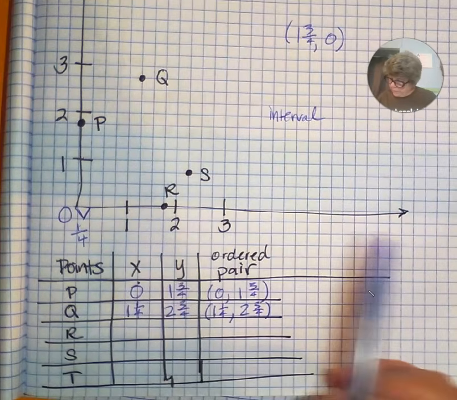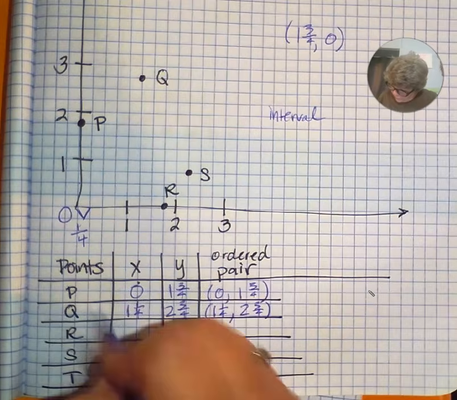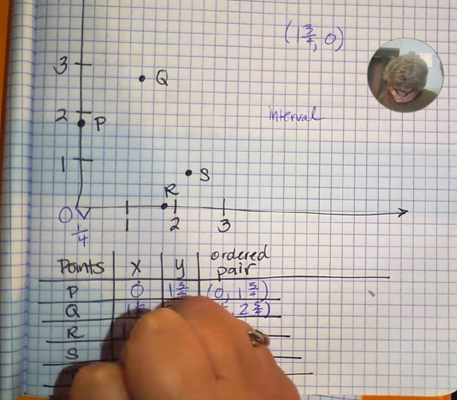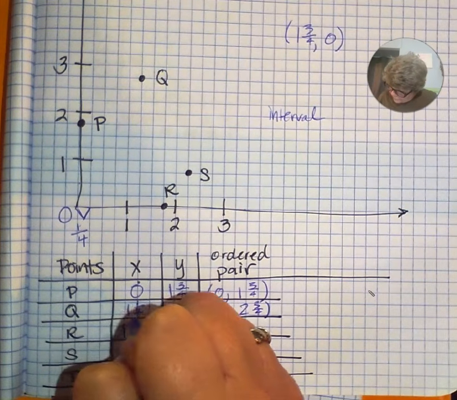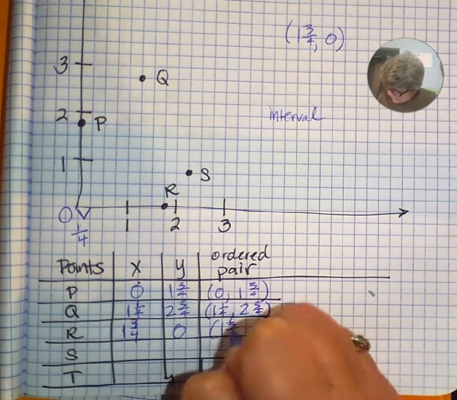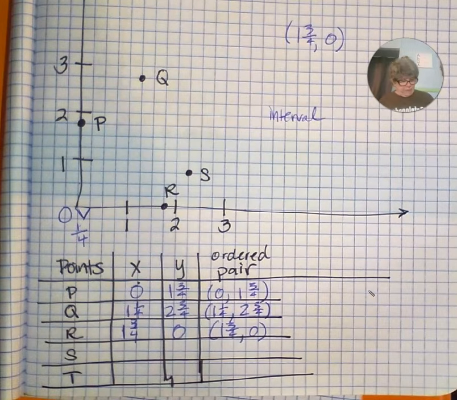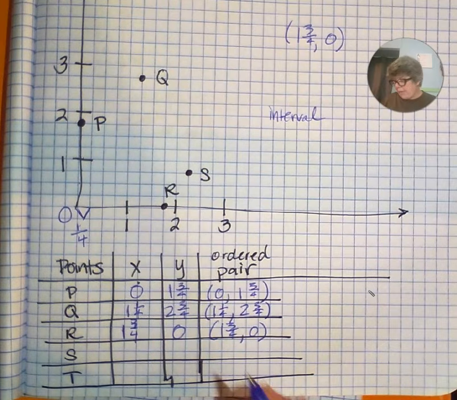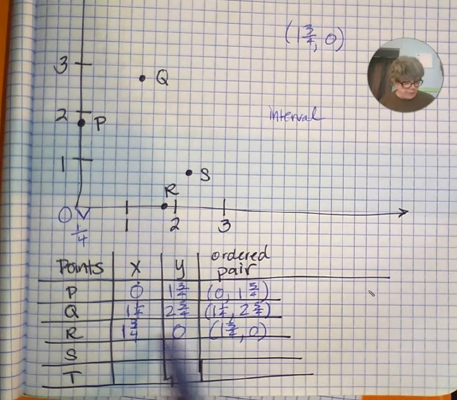All right, and we could fill that into our chart here: 1 3/4 and 0. You can fill that in on your chart as well. Hopefully you're getting pretty good at your ordered pairs, x and then y, in your chart as well.